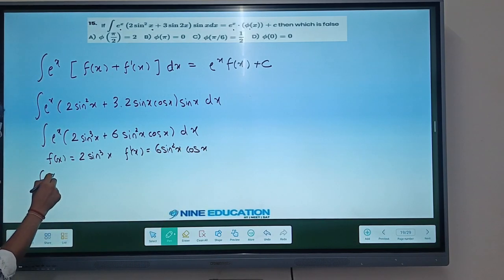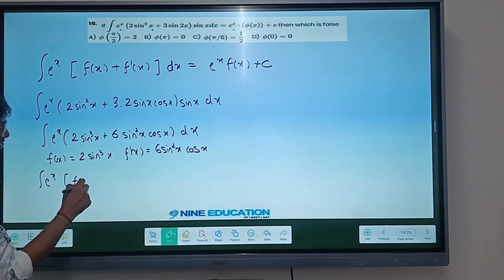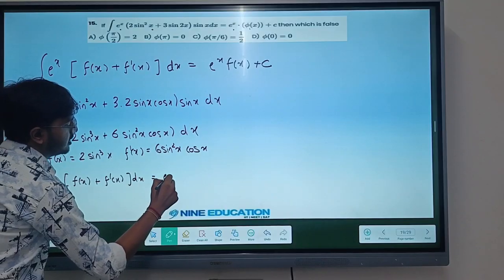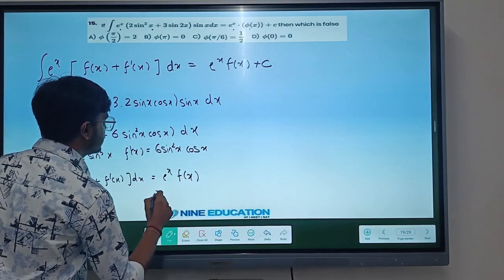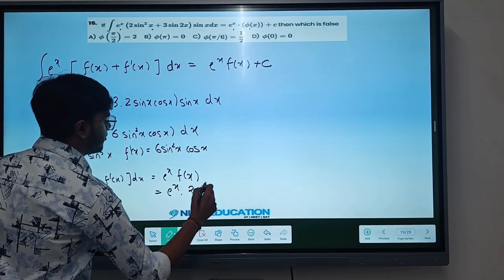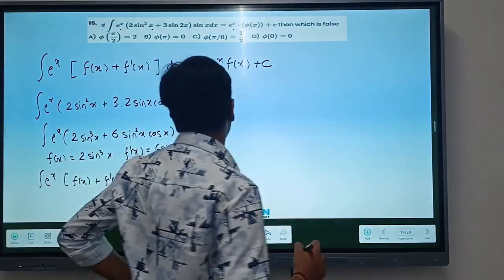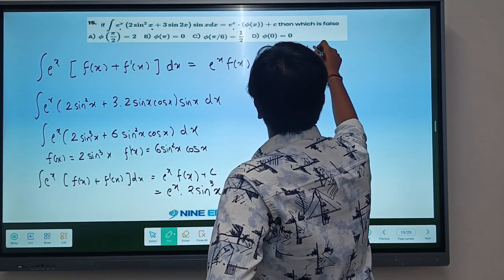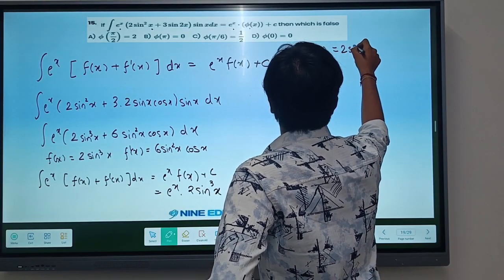So we got integration e power x into f of x plus f dash x dx. You can write it as e power x into f of x, that is e power x into 2 sine cube x plus c. So function phi of x is 2 sine cube x.